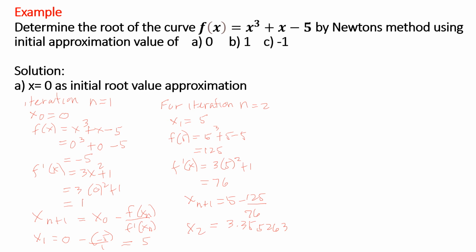So for iteration n equals 3, x sub 3 equals, just following the equation there, x sub 2 minus f of x sub 2 over f prime of x sub 2.